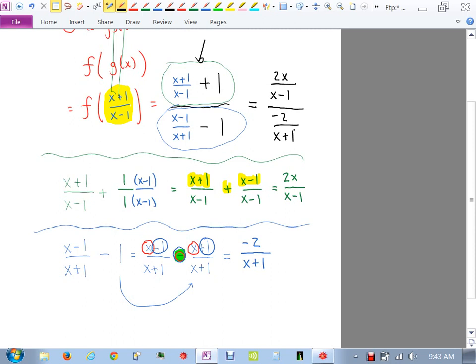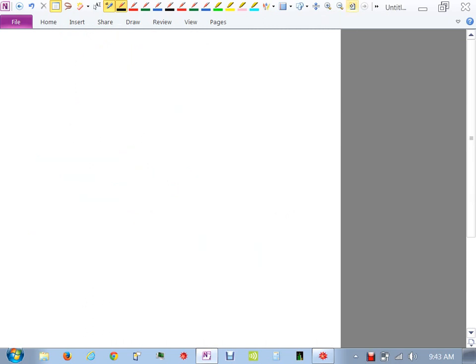Okay. Now, I need to move down. Actually, I think I'll go to a new page. This right here, I'm going to work on that, okay? 2x over x minus 1 over negative 2 over x plus 1. Now, let me show you something because this is really important, what I'm about to do.